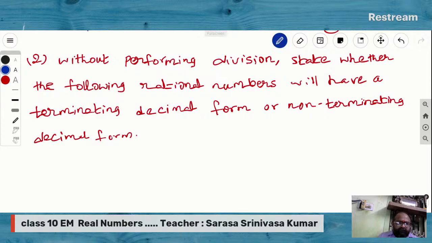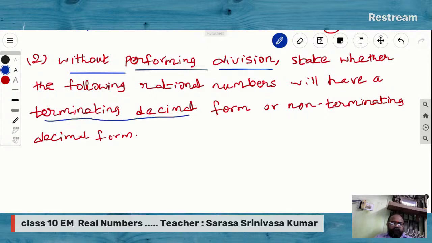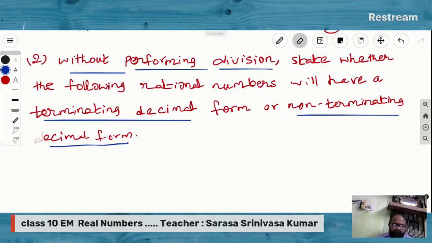So in this problem, it is clearly mentioned without performing division. We must state whether it is a terminating decimal or non-terminating repeating decimal form.